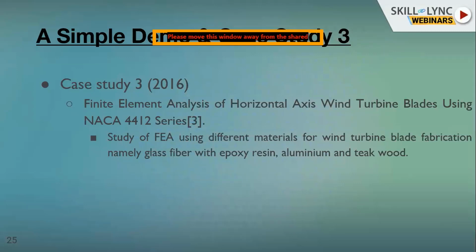It is kept at a certain height, such that the wind comes and strikes the blade of the turbine and it rotates. Due to the rotation, the shaft is coupled to a generator to generate electricity. So for that reason, the author has taken this NACA blade series, NACA 4412, and studied different materials on it.